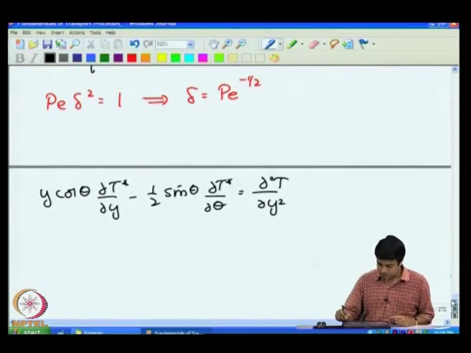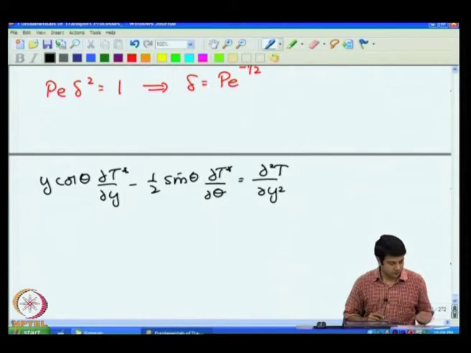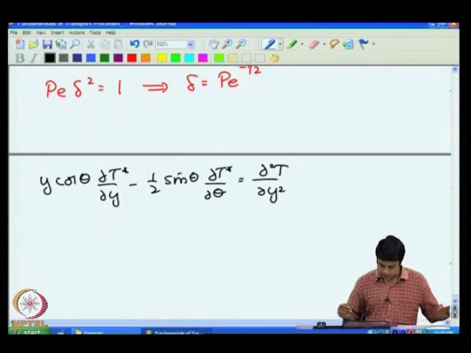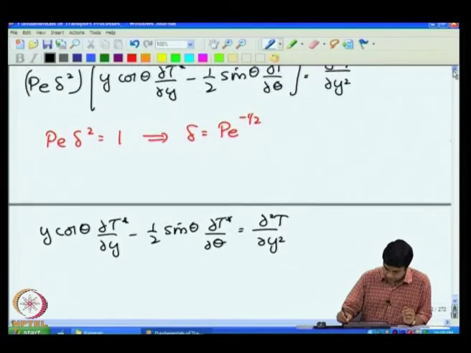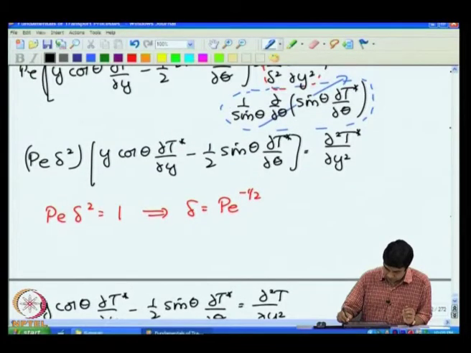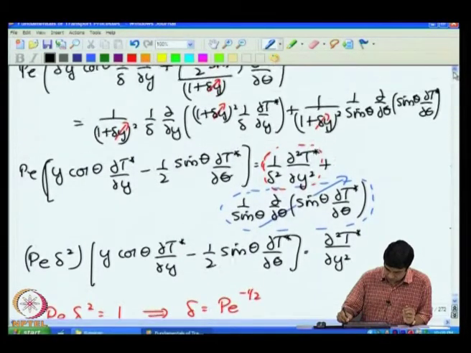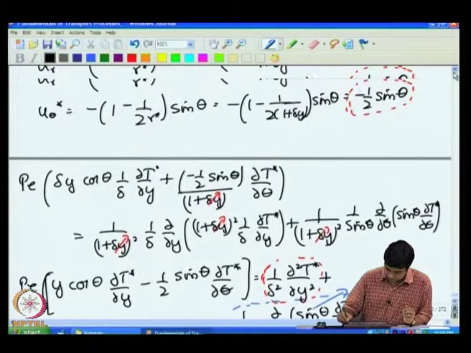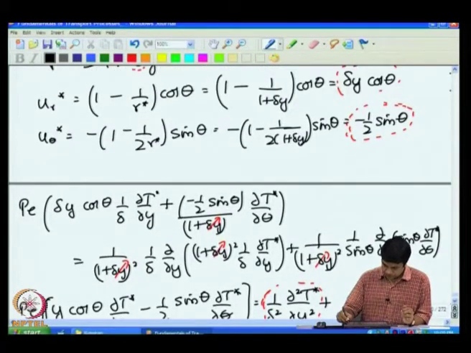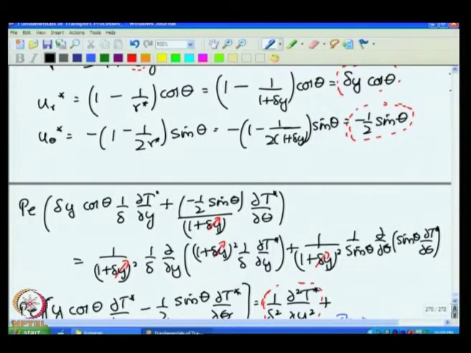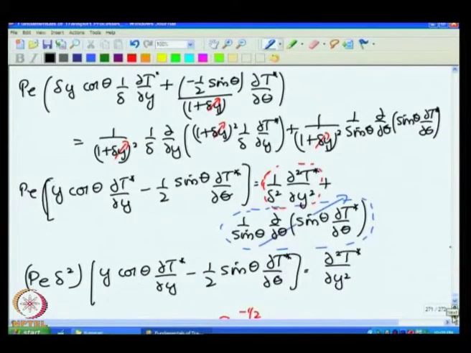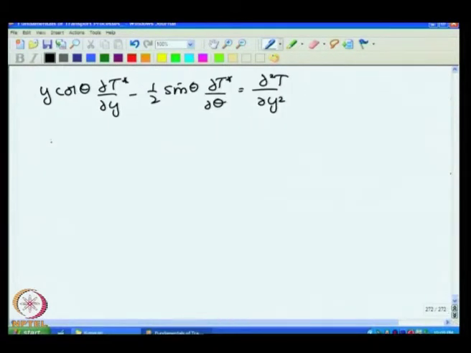And now I postulate a similarity solution of the form identical to what we had previously.